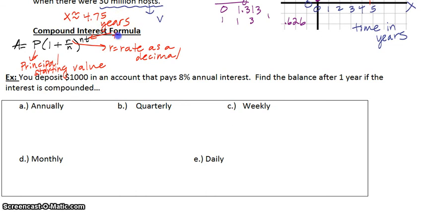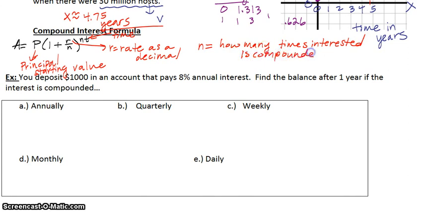In this situation it's not always years, but I'll just say time right now. And then we got this new variable, N. N is how many times interest is compounded per year. And A stands for the ending amount.